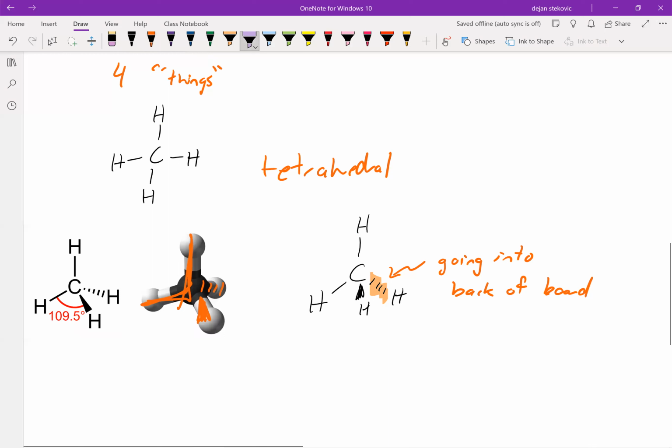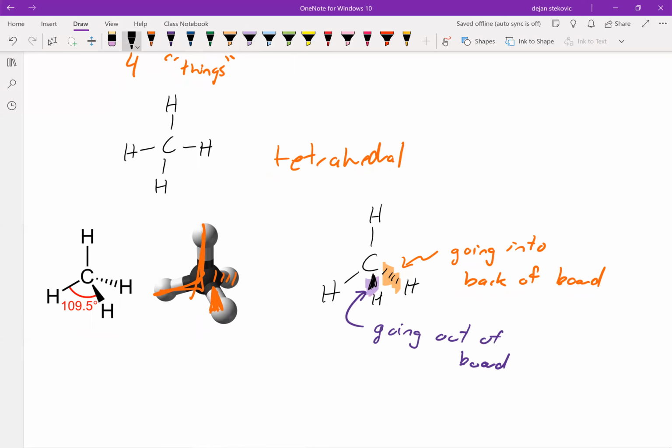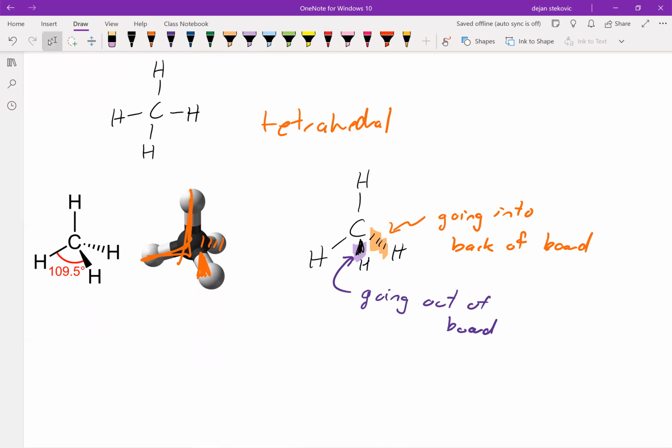And these wedges mean that they're coming outside of the board. Since you're in front of the board, that hydrogen with the wedge is closer to you than that hydrogen with a dash. And we'll take a look at the three-dimensional shapes a little bit more later.